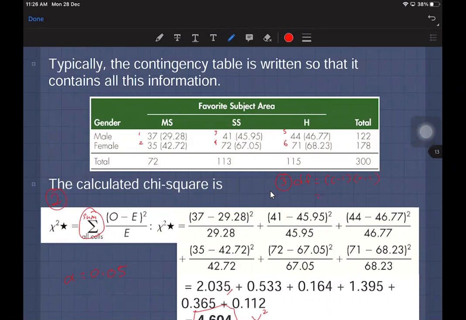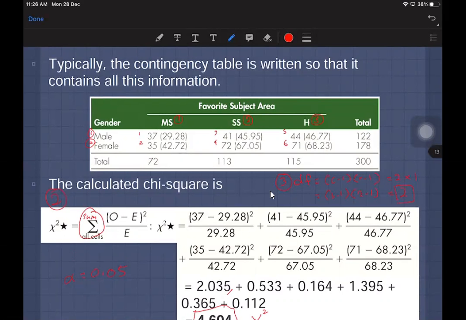How many columns do we have? 1, 2, 3. So 3 columns, 3 minus 1, times rows. How many rows? 1, 2. So 2 rows, 2 minus 1. So it equals 2 times 1. So the answer is 2.